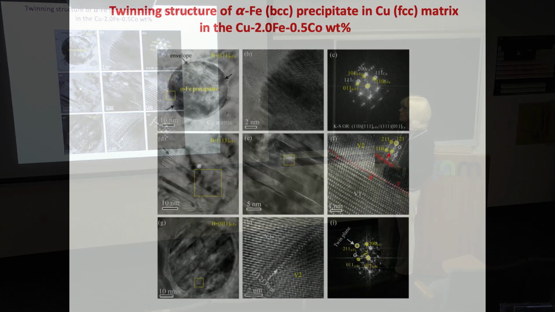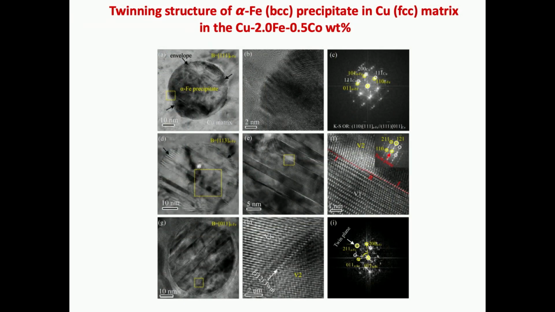Then we applied this to describe the martensitic transformation in copper-iron alloys. In this case, experimentally, it was observed that inside the alpha-rich precipitates, we observe some number of variants, some twinning structure of the martensite, as you can see here.